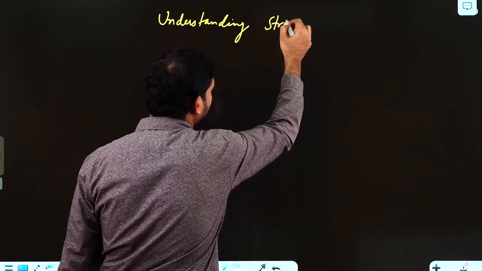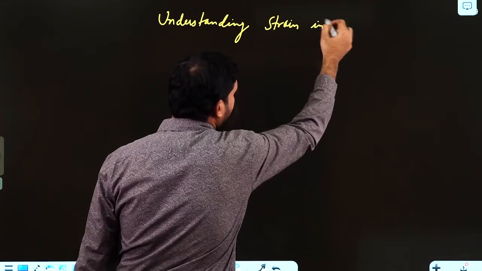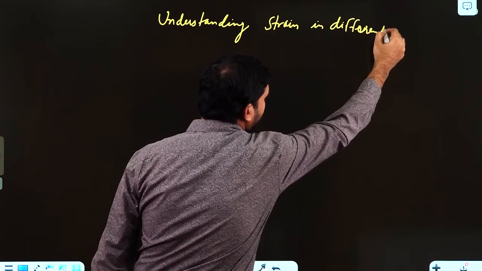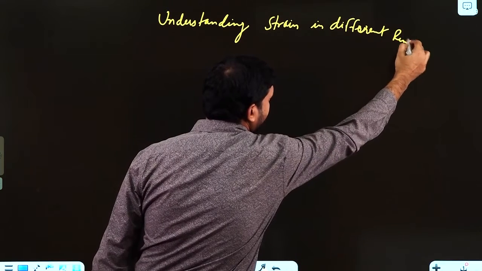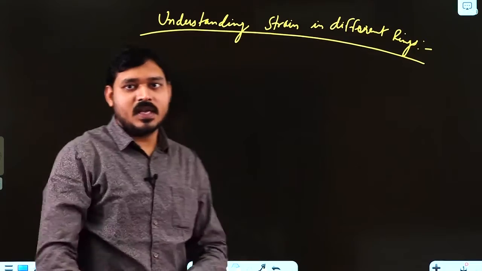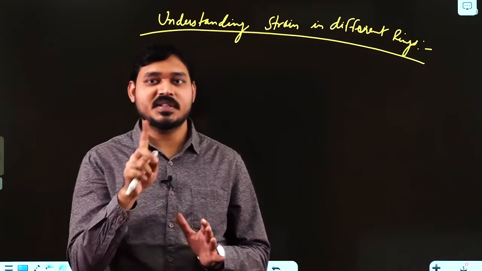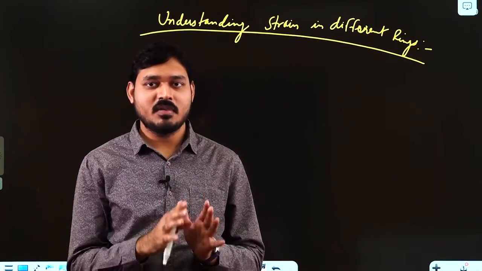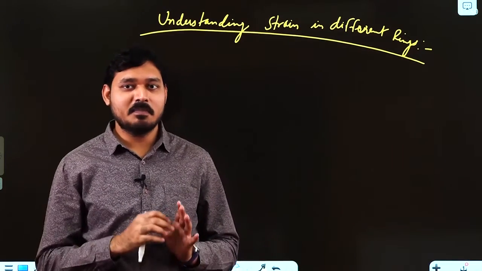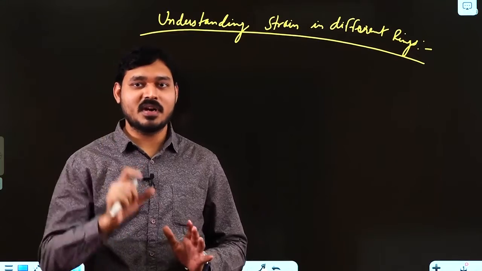Understanding strain in different rings. See, we started this topic with Bayer's strain theory: 3-member, 4-member, 5-member, 6-member. And we continued and completed everything about the six-membered ring, right?